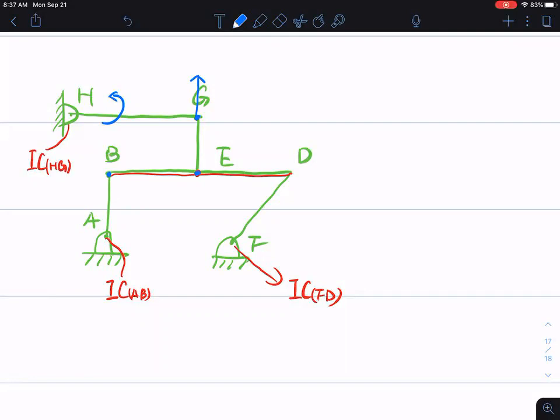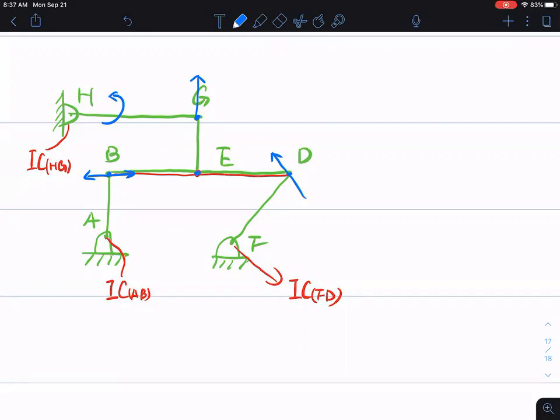How about point D? It's at an angle, either going that way or that way. Now it's pretty clear.